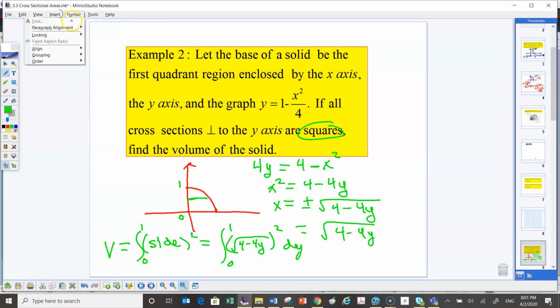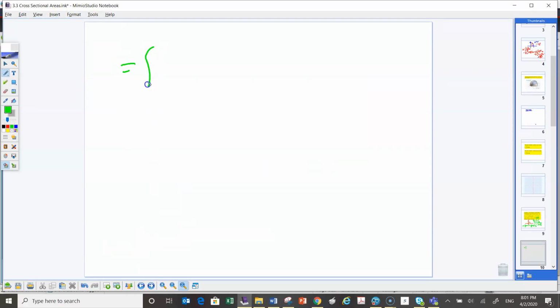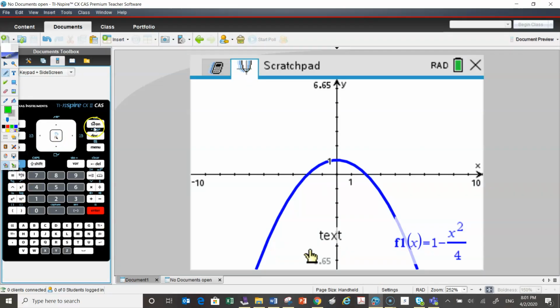And if I square a square root, we know what happens there. This is going to equal the integral from 0 to 1. The root sign just disappears, so it's going to be 4 minus 4y with respect to y. And then we just punch it in our calculator, and we get our answer.